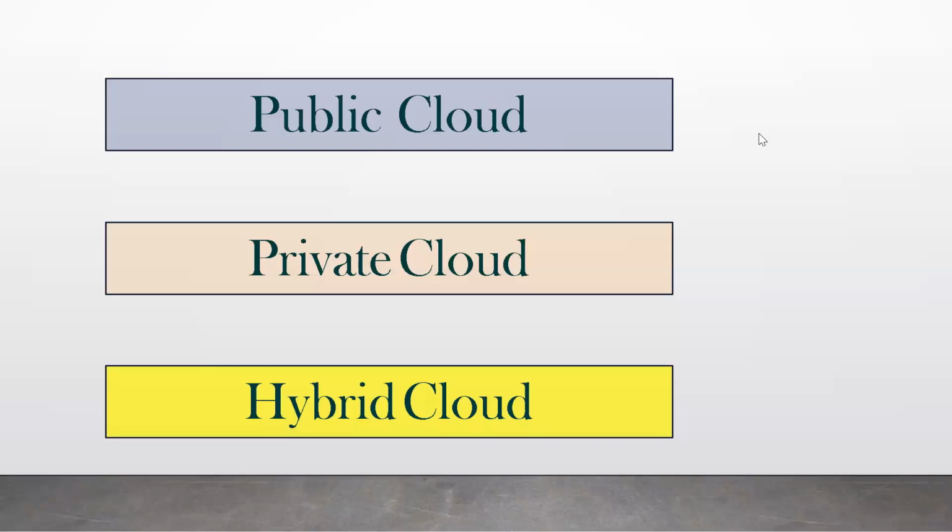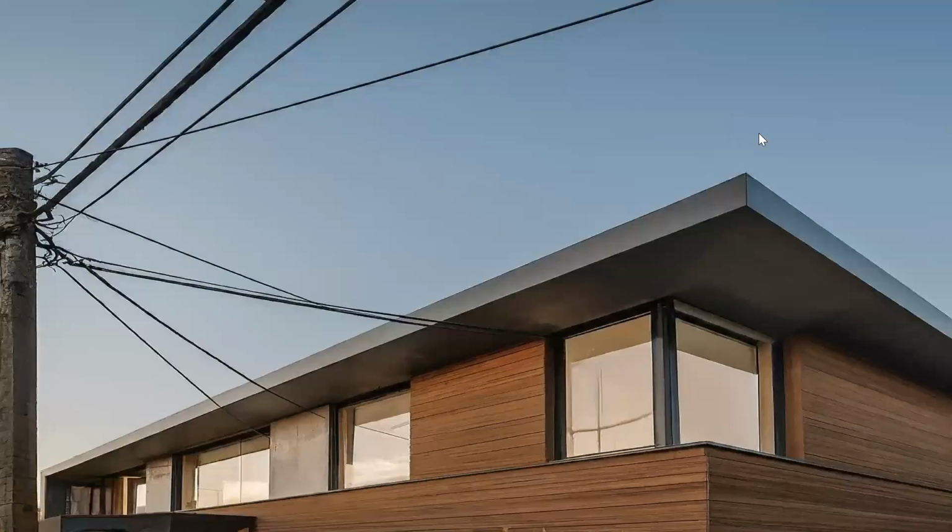So now let's see the next thing. I am just giving you some more examples. This is public cloud: like in your home, you are using the power grid. That means the electricity from a power grid, where the service provider is giving you the power supply in your home.